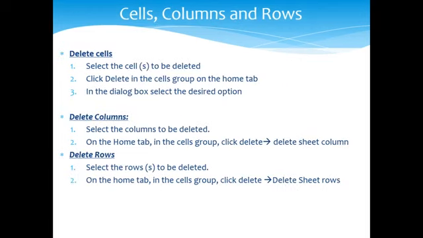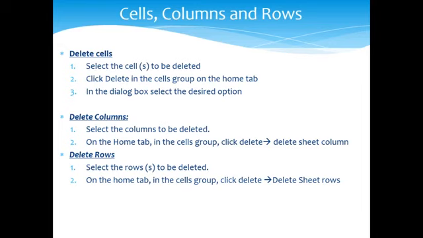Now we proceed. You might want to delete some rows or columns from your Excel sheet. To do that is very simple. You just have to select the specific column to be deleted. Then you right click and choose Delete, or you go to the Home tab, and under the Cells group you click Delete and choose Delete Sheet Columns.